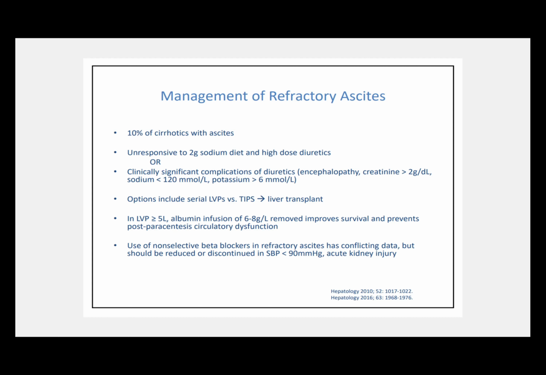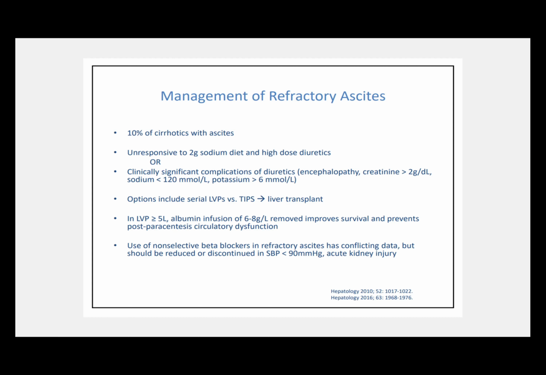So when you compare LVP and TIPS, TIPS has clearly a lot more benefit. There's less recurrence of ascites. There's actually better survival. The only adverse thing really that's significant is that it can increase risk of encephalopathy.